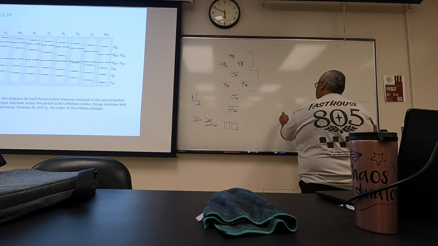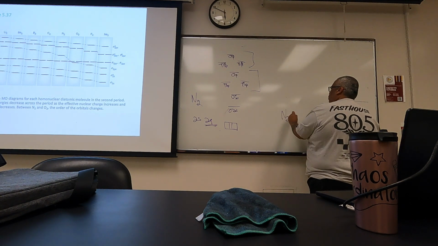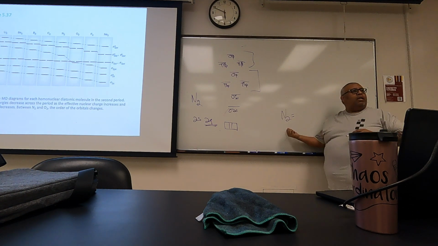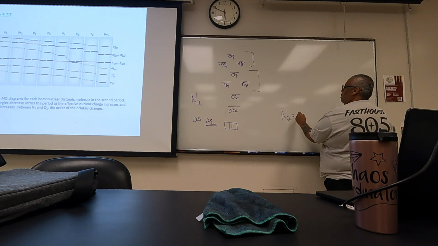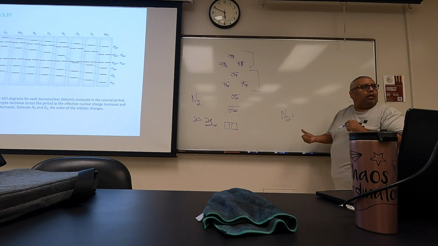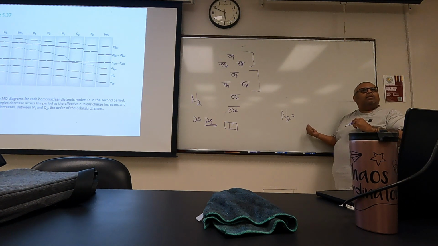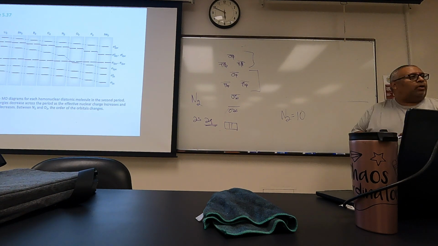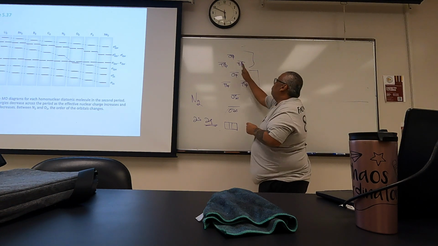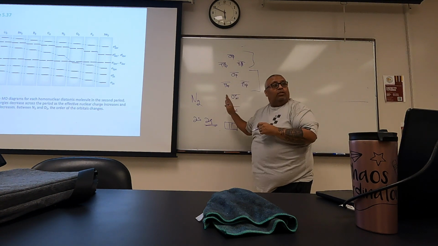So as far as nitrogen goes, N2, how many electrons does N2 have? This is in group number 5. Rhymes with N. How many electrons? 10. 10, perfect, thank you. So there's 10 electrons here. So let's put 10 electrons here. We're going to follow Hund's rule.